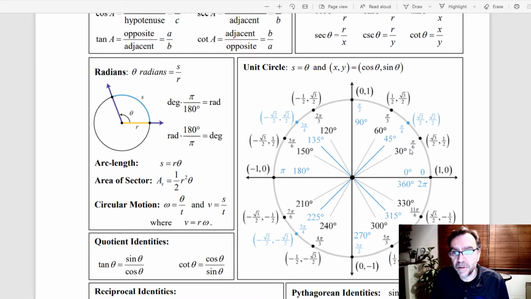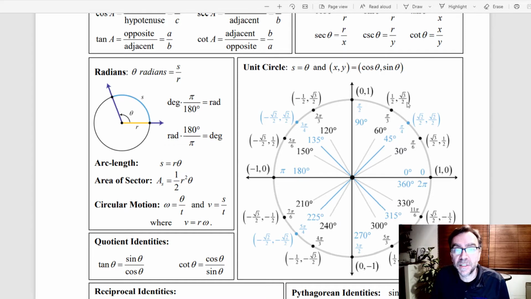Right? So you can see here 30 degrees is pi over 6 radians, 135 degrees is 3 pi over 4 radians, and so on. Now it also has the trig ratios. So we just learned that the first coordinate on the unit circle is cosine, and the second coordinate on the unit circle is sine. So by looking at this, I can see that cosine of 60 degrees is 1/2, and sine of 60 degrees is root 3 over 2, right?